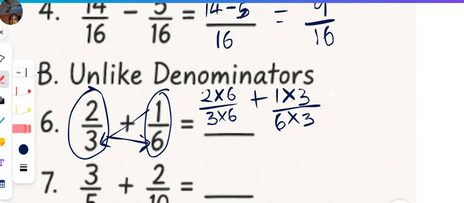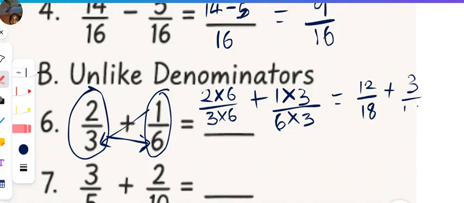So what is our answer going to be now? 2 times 6 is 12, over 3 times 6, 18, plus 1 times 3, that's 3, over 6 times 3, 18.